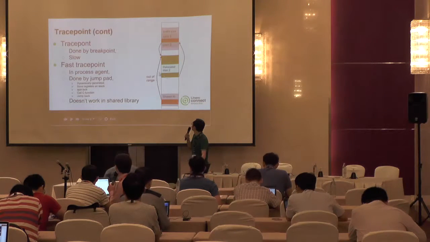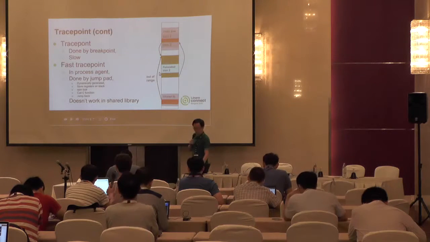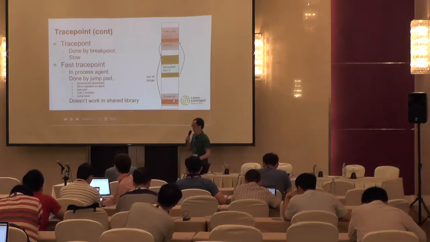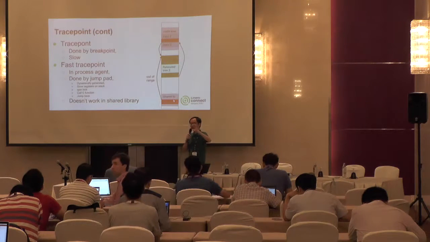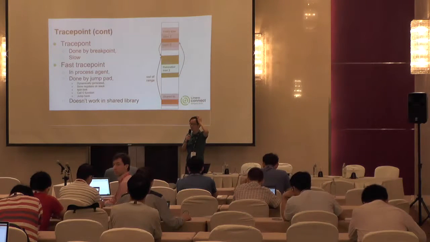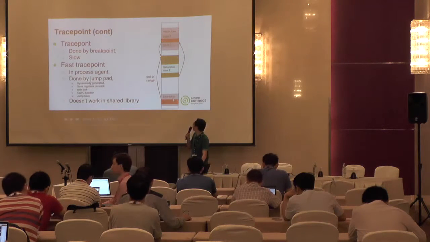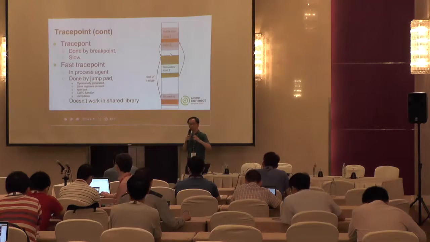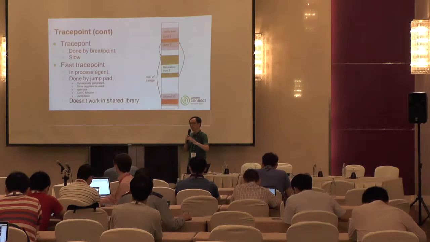Why doesn't it work in shared libraries, fast trace points? Yes, here is what I want to say. Usually, the main executable is allocated in the lower address space, and the shared library is allocated in the higher space. When we allocate a jump pad, at the very beginning we want to allocate it as close to the main executable as possible.